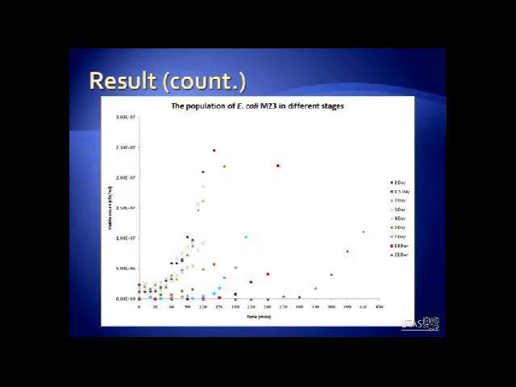This graph is the population of E. coli in different stages. At 1, 1.5, 2, 3, and 4 inoculation days, the lag phase time ranged from 40 to 60 minutes.